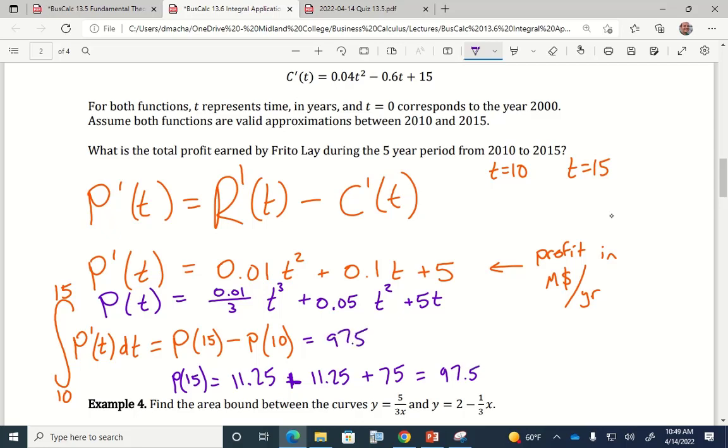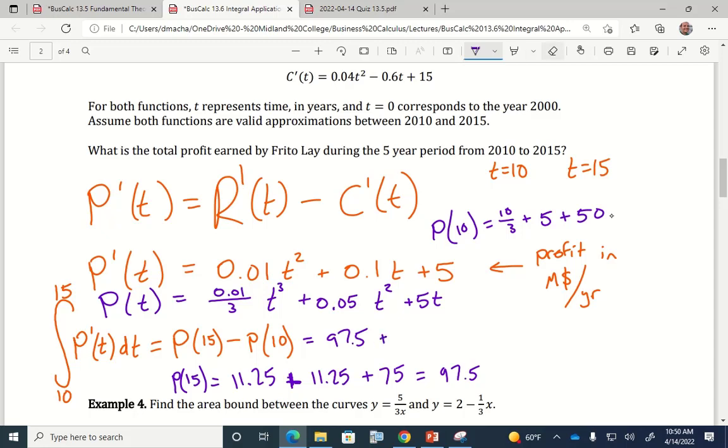Then I have to subtract P of 10. So P of 10 would be 10 cubed, which is 1,000, times 0.01, which is 10, so 10 thirds, plus 100 divided by 20, which would be 5, plus 50. So 55 plus 10 thirds, which is 58 and a third.